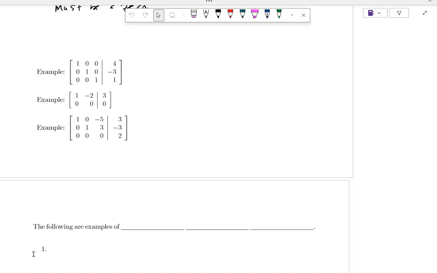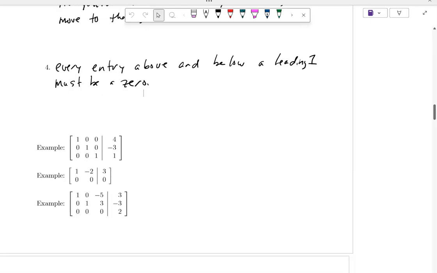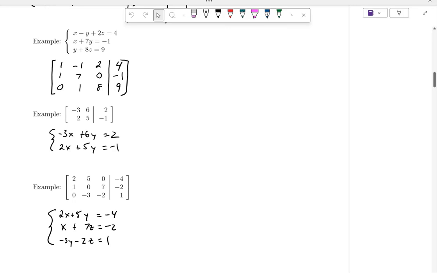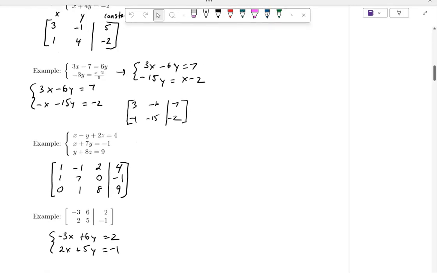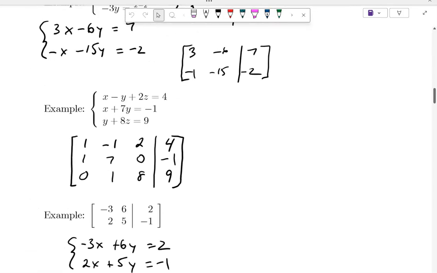All right, so last time we talked about how we can write our systems of equations as augmented matrices. So remember when we did that, let's look at this example here.